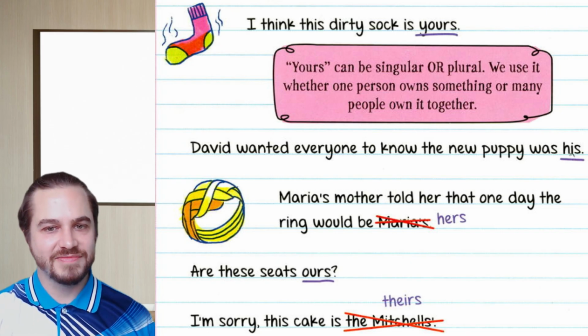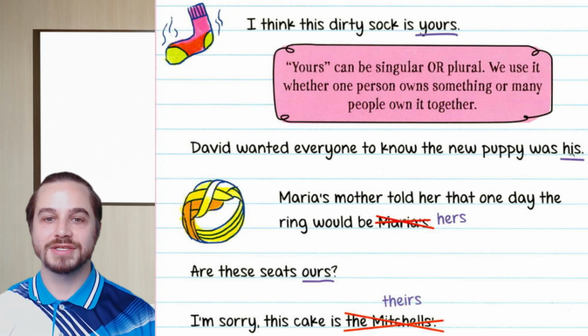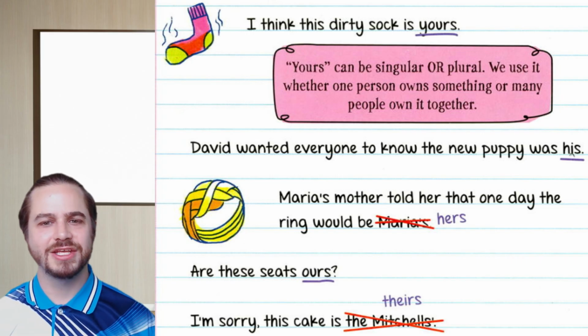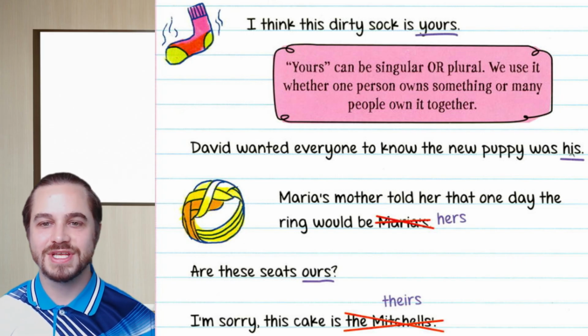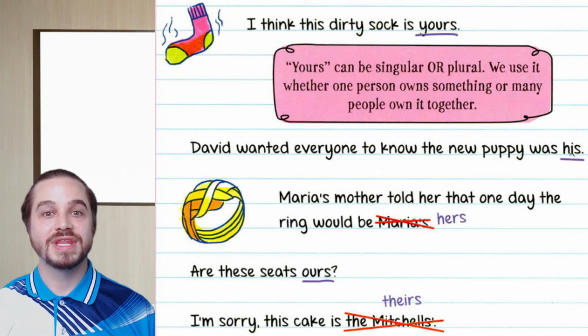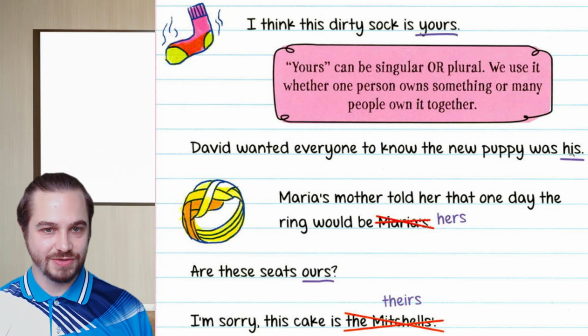Yours is the possessive pronoun, showing that the sock belongs to you, not to me. Possessive pronouns are things like mine, yours, his, hers, ours, and theirs. So just remember, they tell about who owns something, who it belongs to.